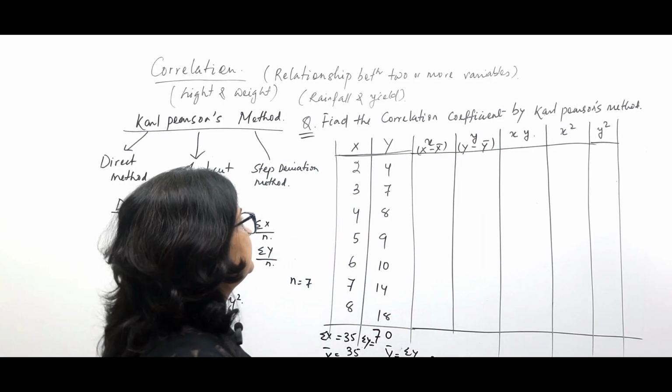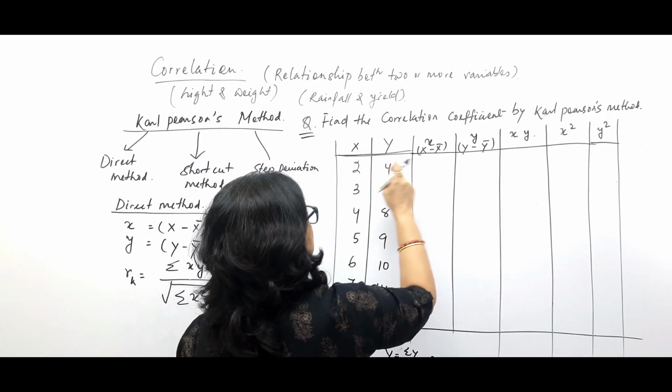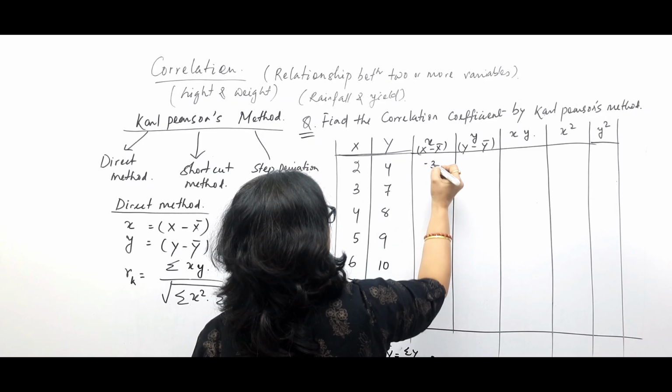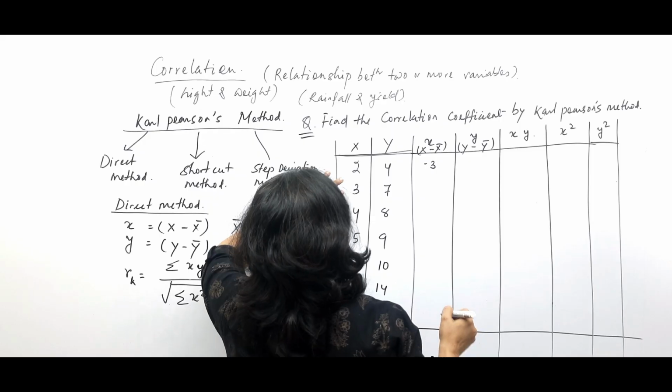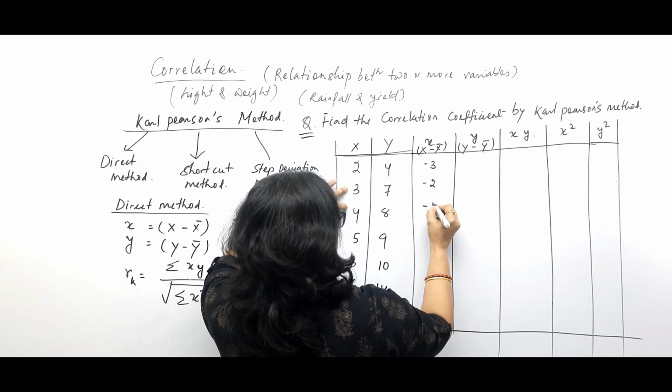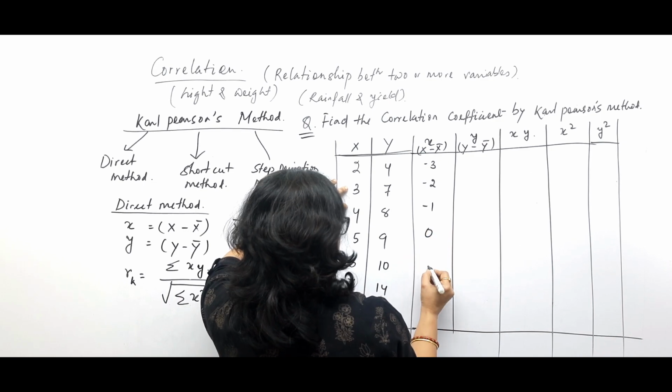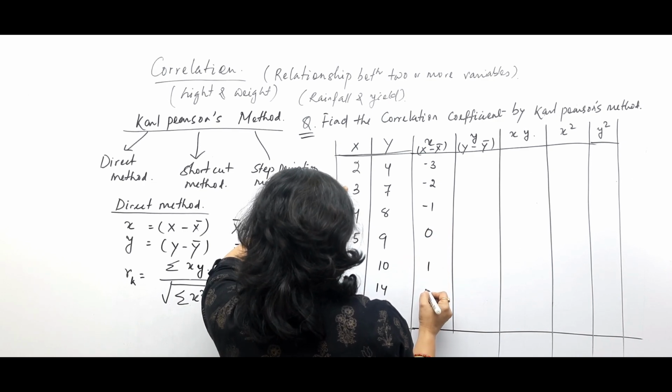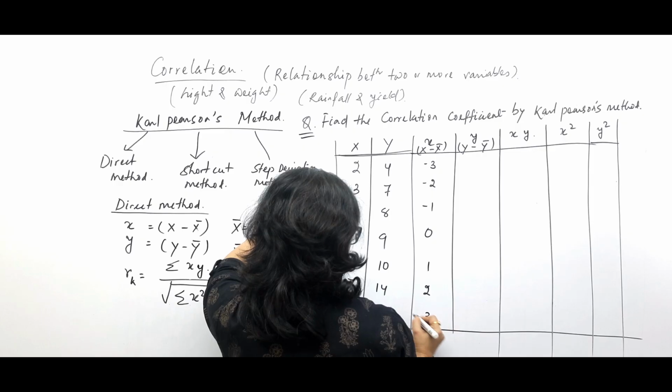X bar is 5. 2 minus 5 is minus 3, 3 minus 5 is minus 2, minus 1, 0, 1, 2, 3.